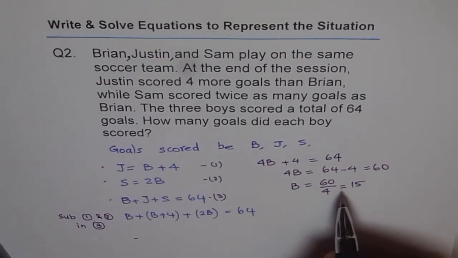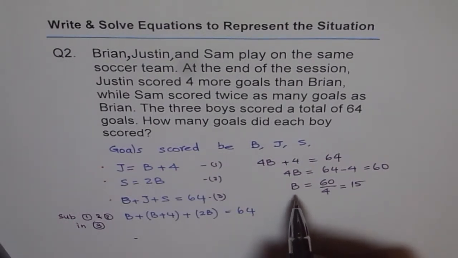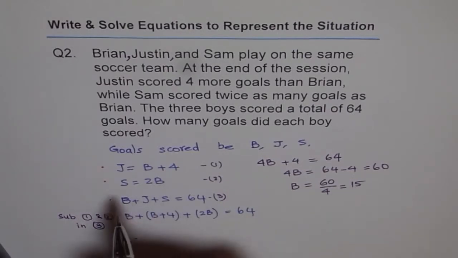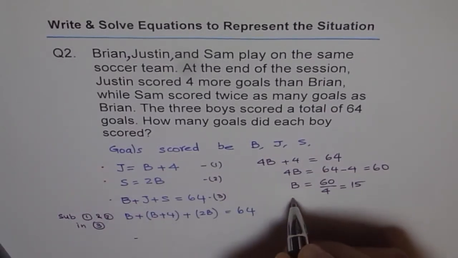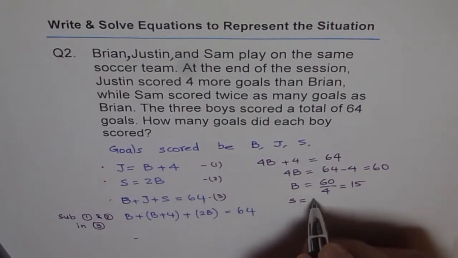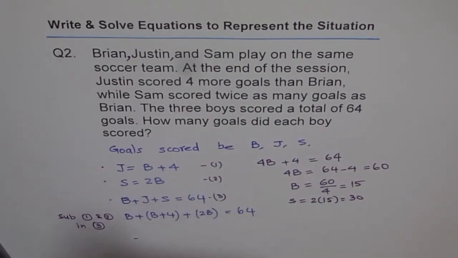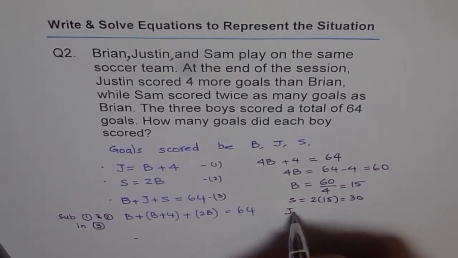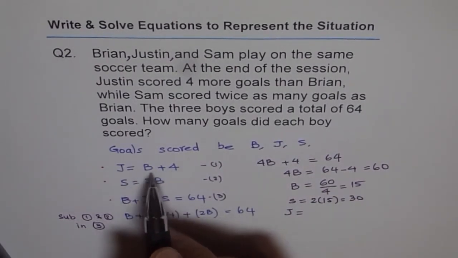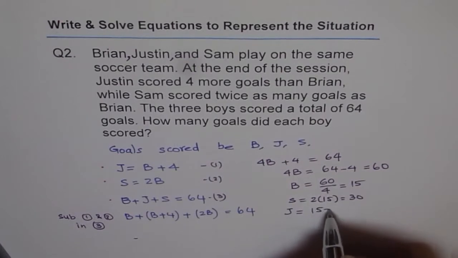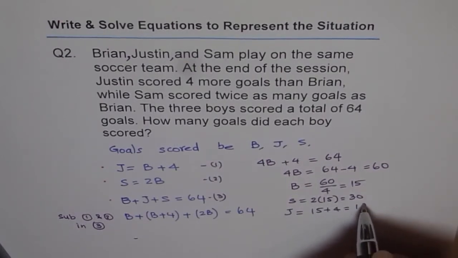Now we can find out that the goals scored by Brian is 15. So Sam scored 15 times 2. So 2 times 15, which is 30 goals. And how about Justin? Justin scored 4 more than B. So 15 plus 4, which is 19, correct?